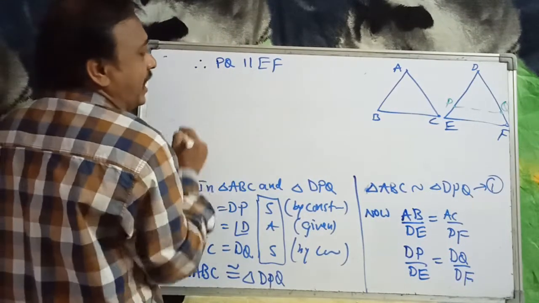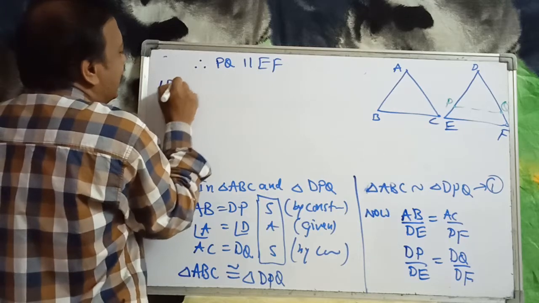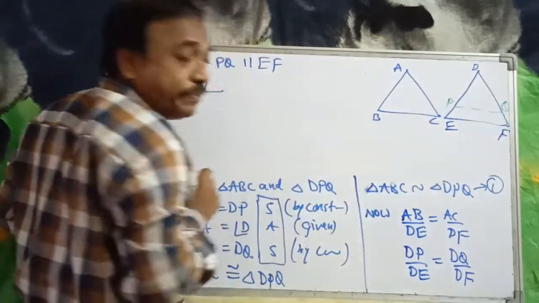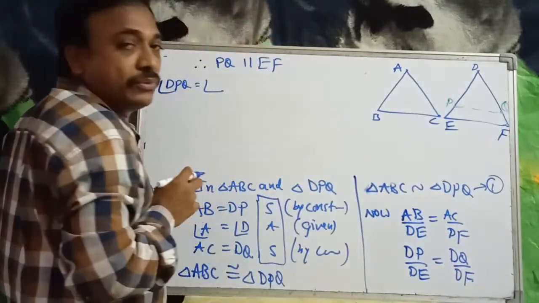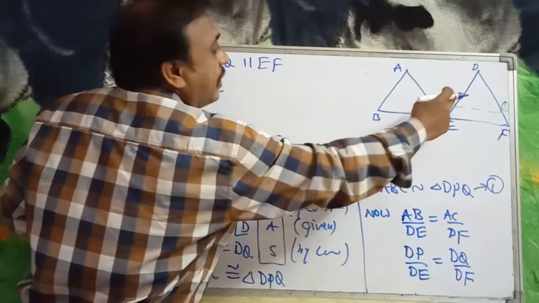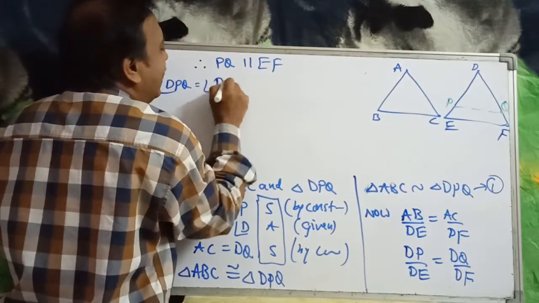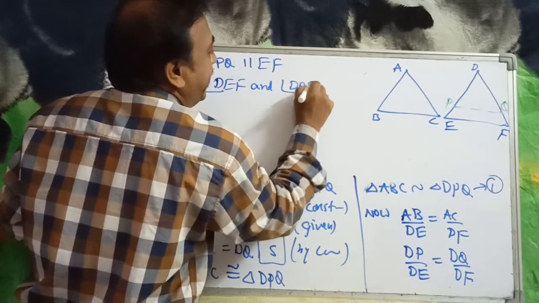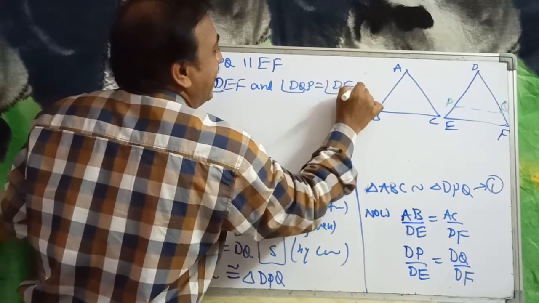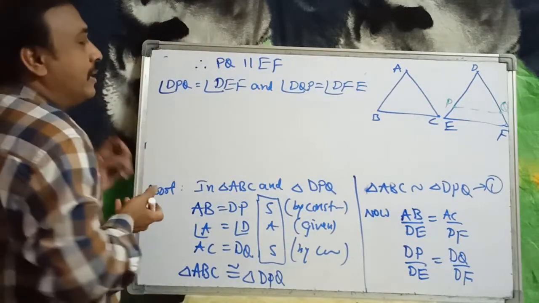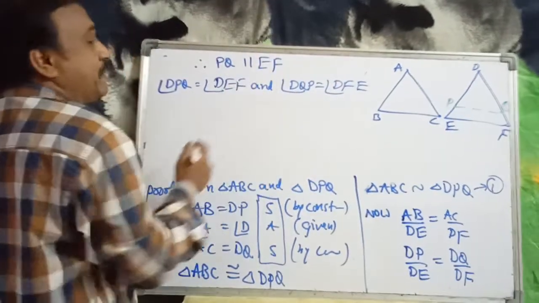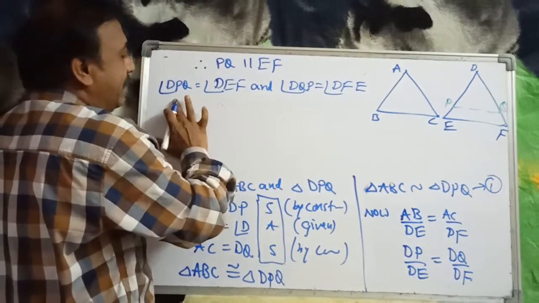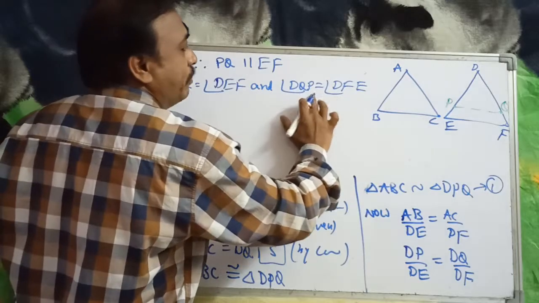So angle DPQ is equal to angle DEF and angle DQP is equal to angle DFE. When the lines are parallel, these are corresponding angles.